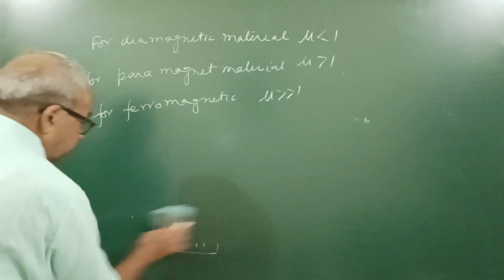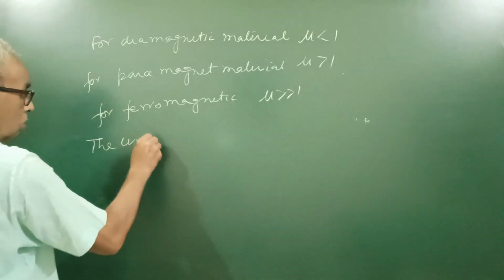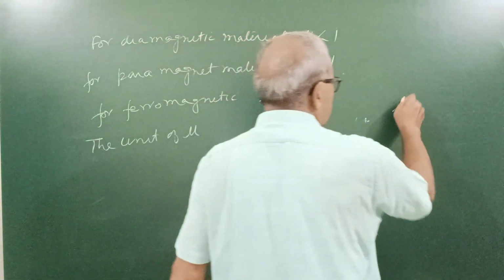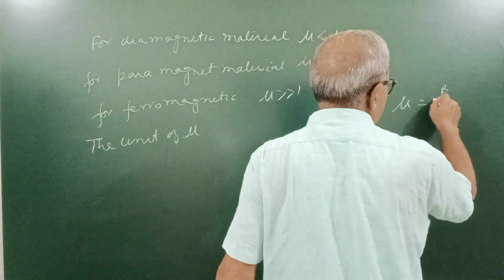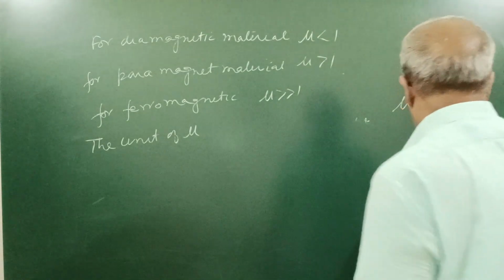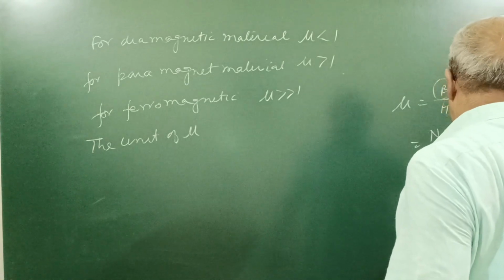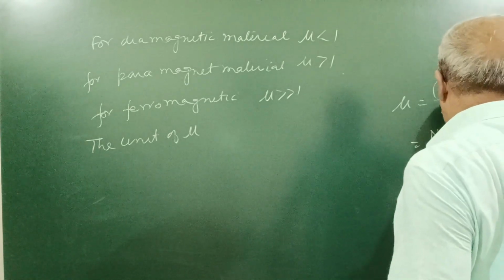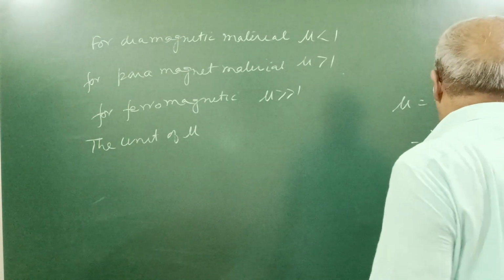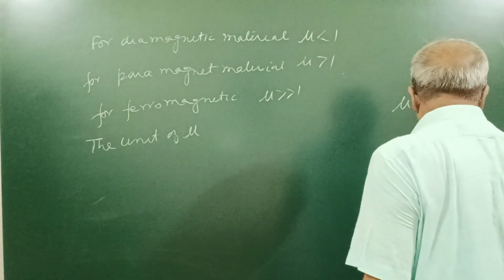The unit of mu. You know, mu here I told you is B upon H. And you remember the unit of magnetic field or magnetic induction is Newton per ampere per meter. And the unit of H is ampere per meter.